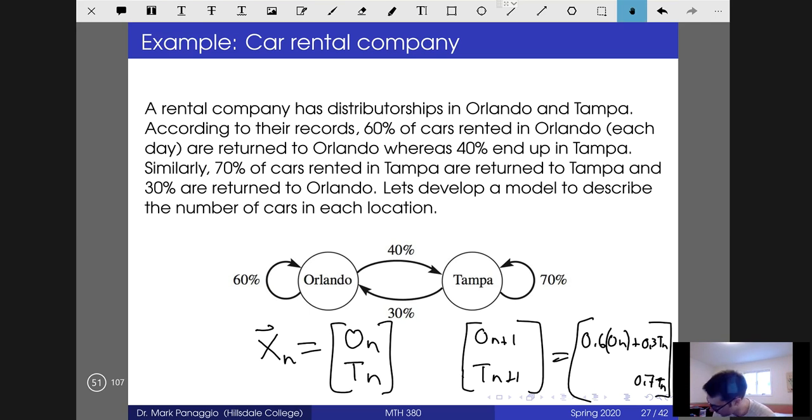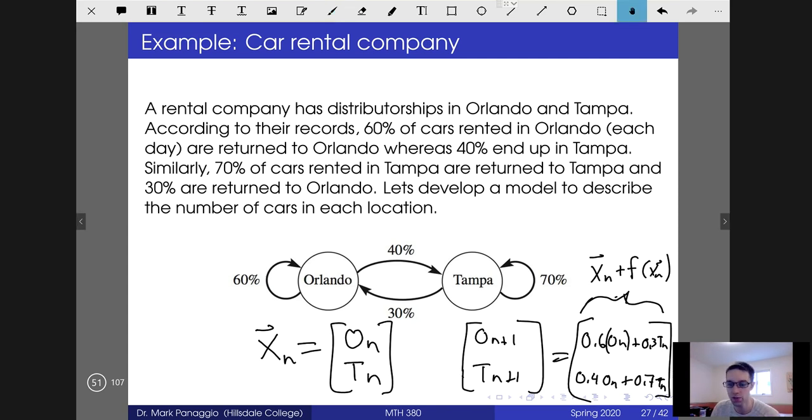And then the rest of the cars came from Orlando, and we know that 40% of the ones in Orlando the previous day will actually arrive in Tampa. And so our difference equation can be written right there. So there I've actually included xn plus f of xn all rolled into one expression.